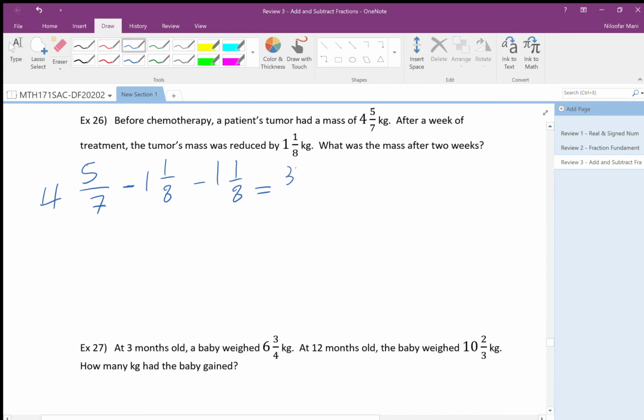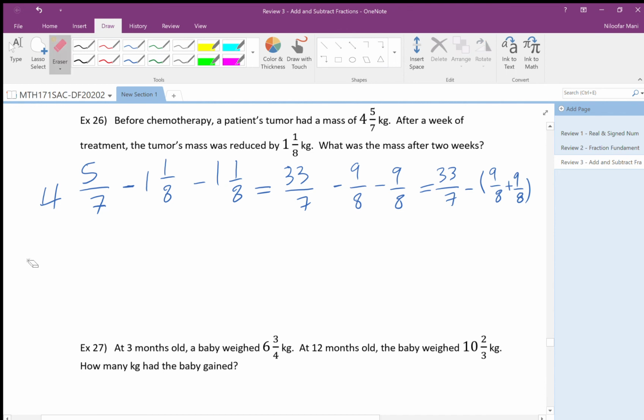So it is 33 over 7 minus 9 over 8 minus 9 over 8. I know I can add them for 2 weeks. I can say it is 33 over 7 minus 9 over 8 plus 9 over 8, and even add them, so it's 18 over 8.